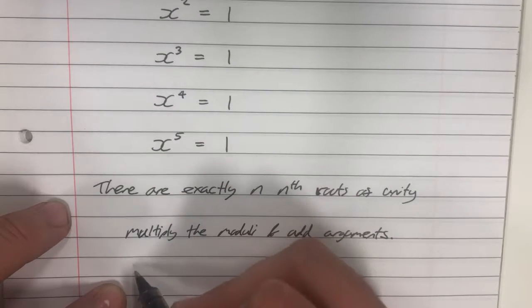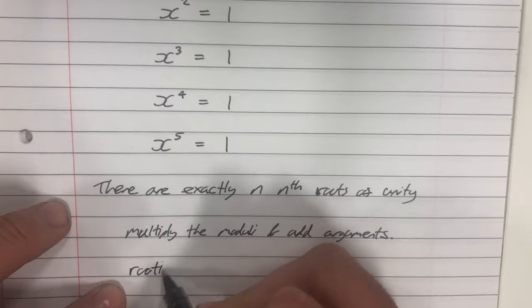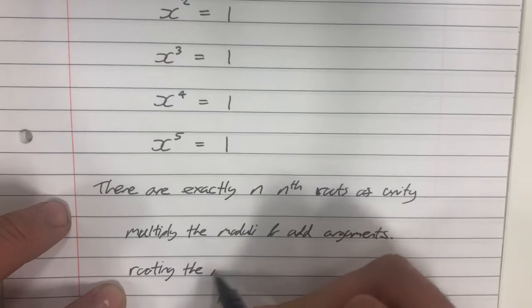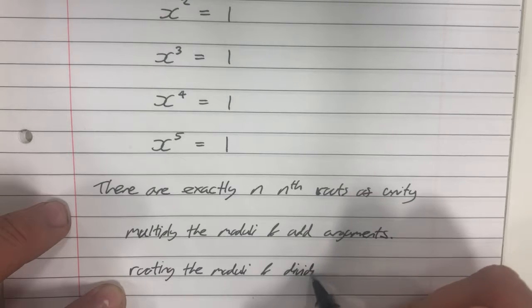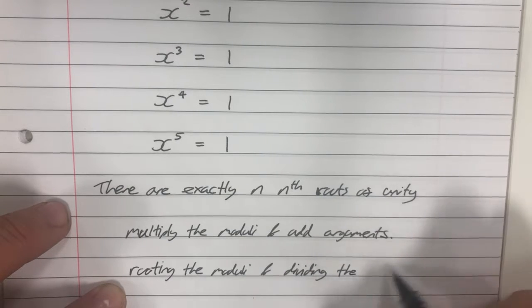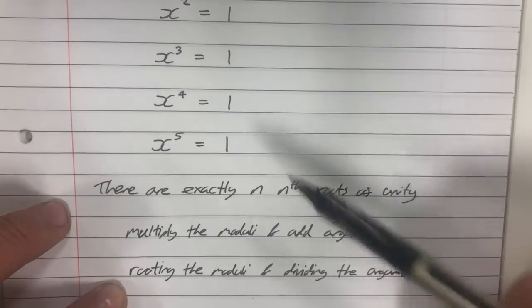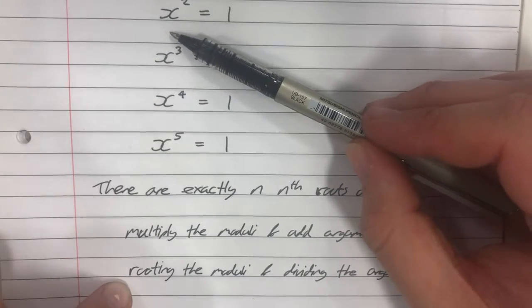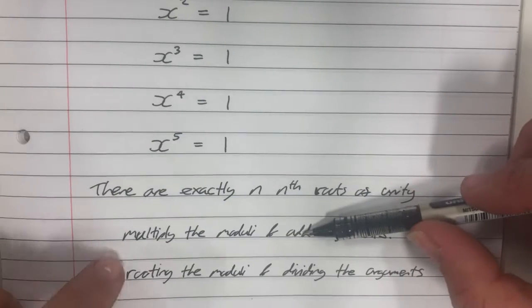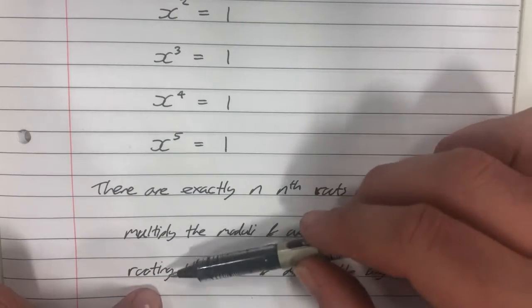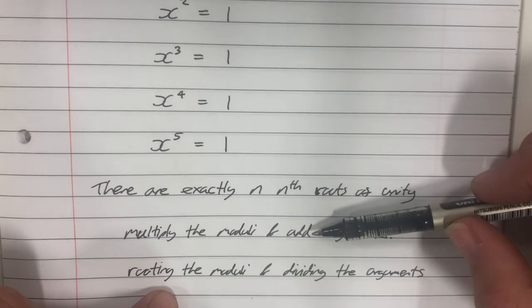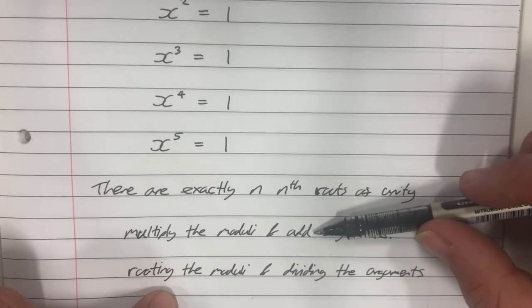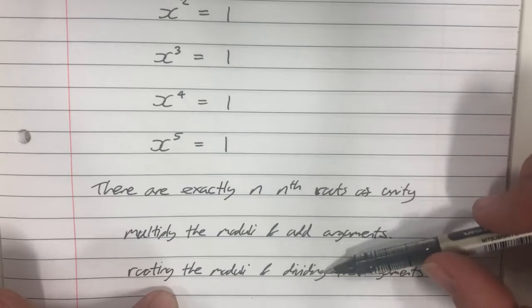So we are rooting the moduli and dividing the arguments. Because when you power something, you are multiplying multiple times. And a multiple multiplication is a power, so therefore to undo that effect is to root. And multiple additions is a multiplying. So to undo the multiplication, you need to divide.